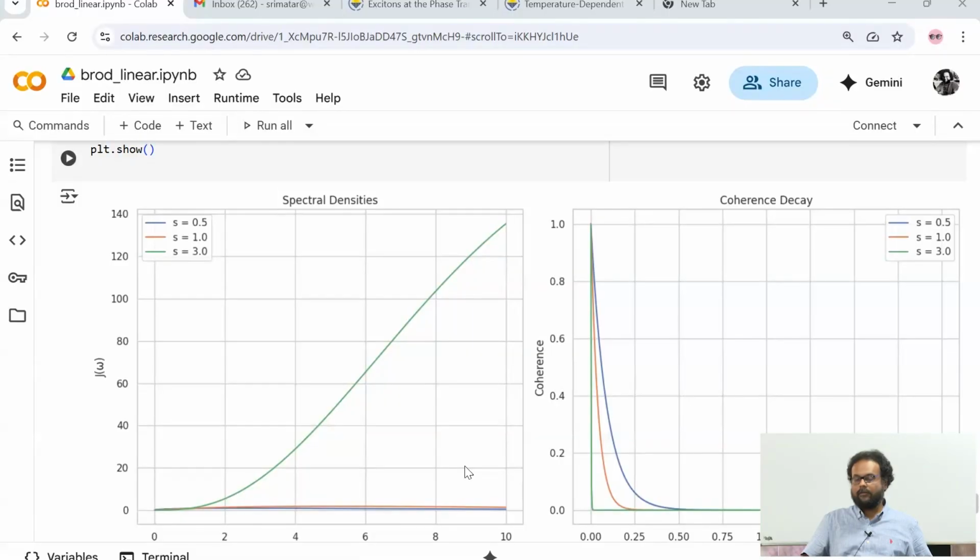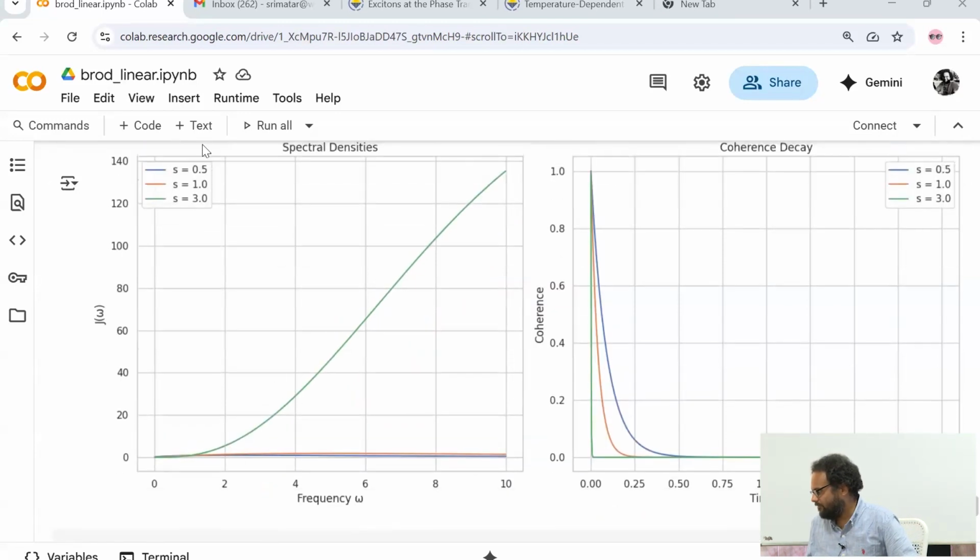Whereas I could have a bath where the fluctuations are happening at a much slower time scale, which means my correlation time between frequency fluctuations at two different points is non-zero, or finite. Okay, we have the thing.